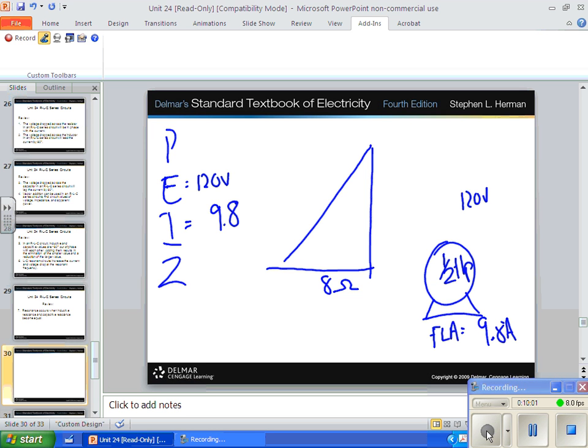So that tells us our impedance, doesn't it? Let's plug that in. We have 120 volts, and we're going to divide that by 9.8 amps. That will give us the total impedance, right? 12.24 something.